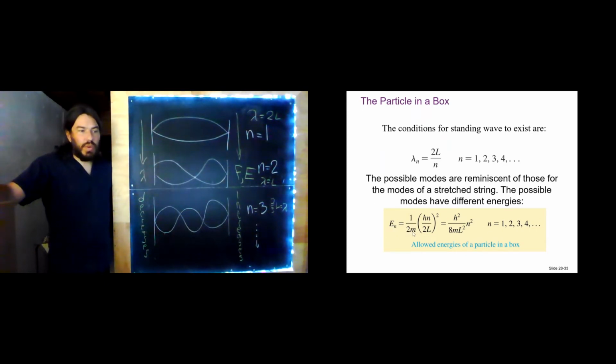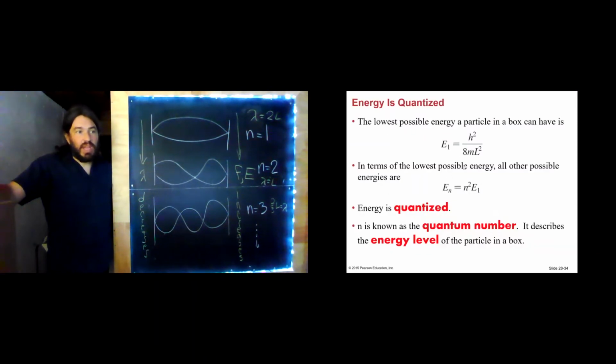Well, this is 1/2m, where m is the mass of our particle, our electron, our proton, our neutron, whatever it is we're dealing with. h is our good friend Planck's constant, n is the energy level, and L is the size of our box. We can simplify that just a little bit to have it end up looking like this. And we have different energy levels.